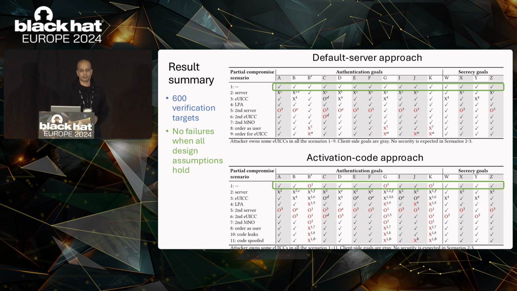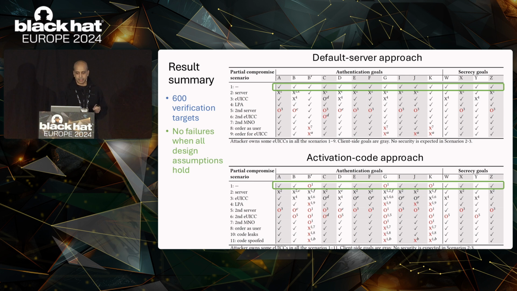We came up with a total of 600 verification targets against 11 compromise scenarios. The main takeaway is that when the design assumptions hold, that is, all participants are honest and only the network is the attacker, we did not find any significant failures.